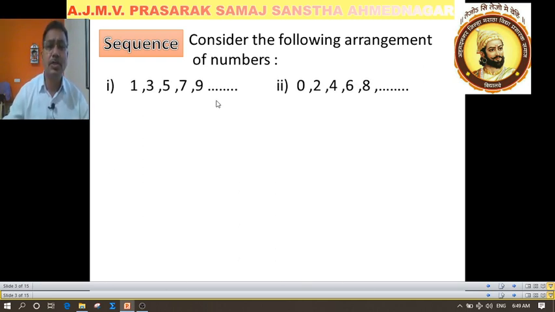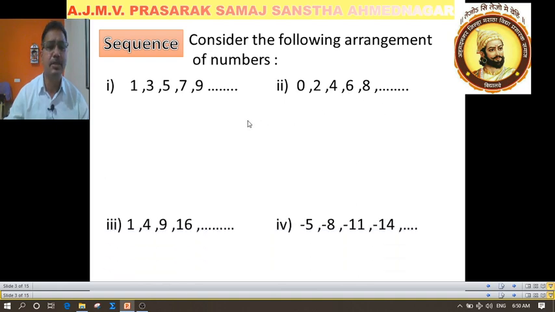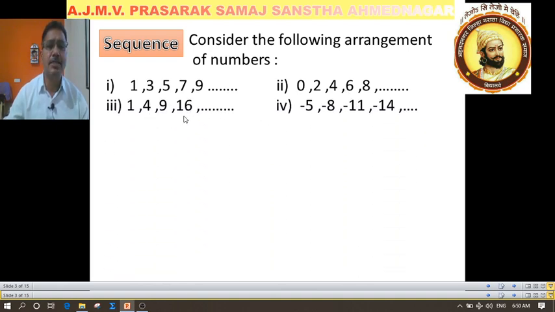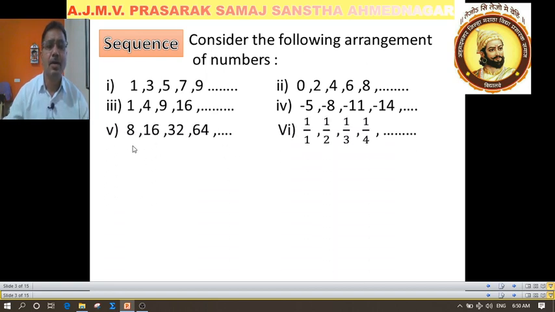Here also consider some arrangement of numbers: 1, 3, 5, 7, 9, and so on; 0, 2, 4, 6, 8, and so on; 1, 4, 9, 16, and so on; minus 5, minus 8, minus 11, minus 14, and so on; 8, 16, 32, 64, and so on; 1 upon 1, 1 upon 2, 1 upon 3, 1 upon 4.